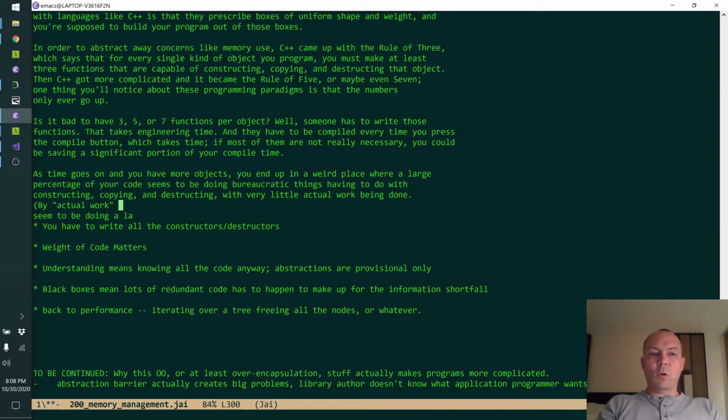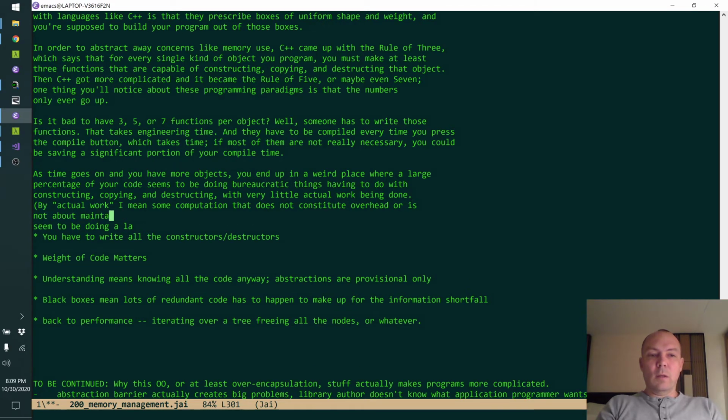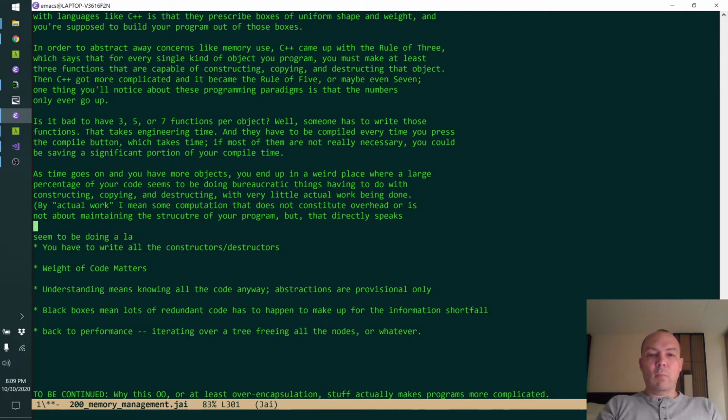By actual work, I mean some computation that information-theoretically brings you closer to the answer to the problem, that does not constitute overhead or is not about maintaining the structure of your program, but that directly speaks to the answer you want to output in some way. That's not a very good explanation.